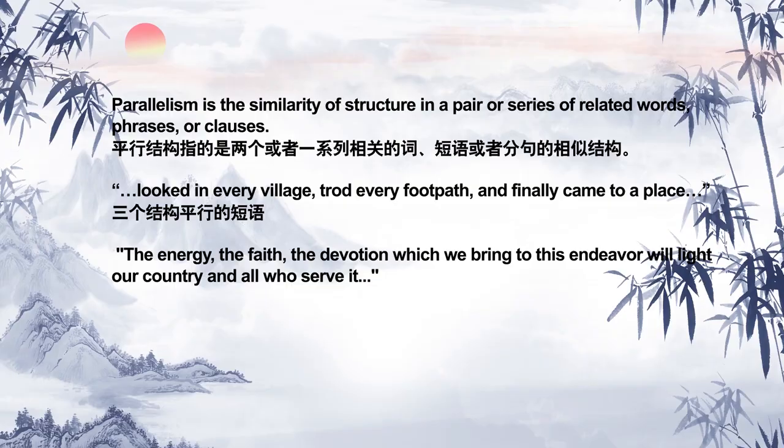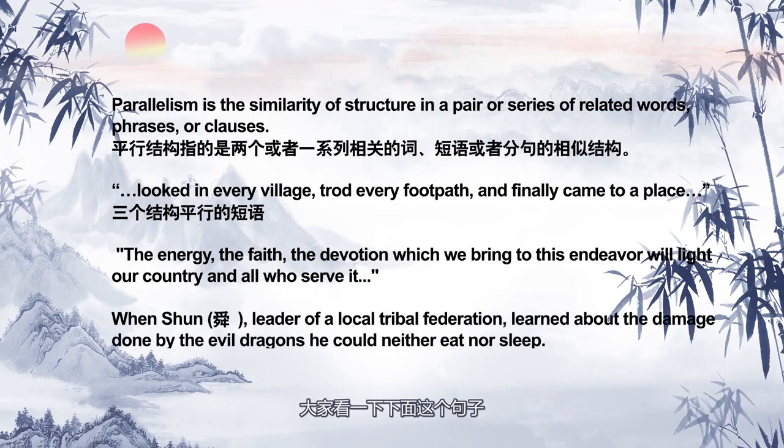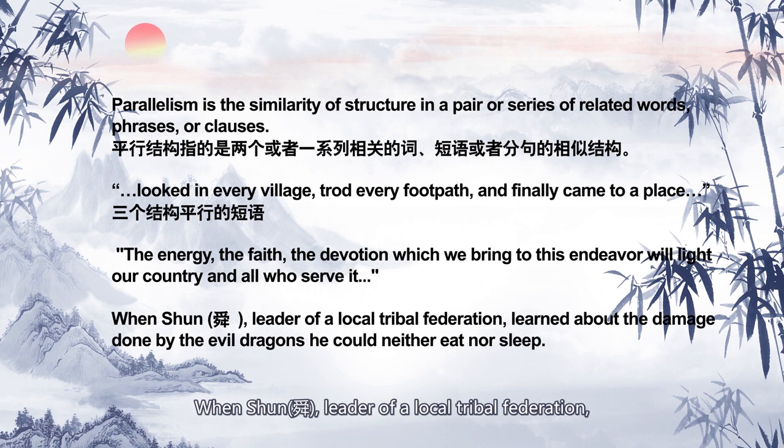我们再看文中的一个例子 Bamboo is hollow, it has a modest heart. 其中分号隔开2个平行句子，尽显对仗之美。大家看一下下面这个句子，找到其中有哪些成分平行了，或者说对仗了。文顺 leader of a local tribal federation, learned about the damage done by the evil dragons.